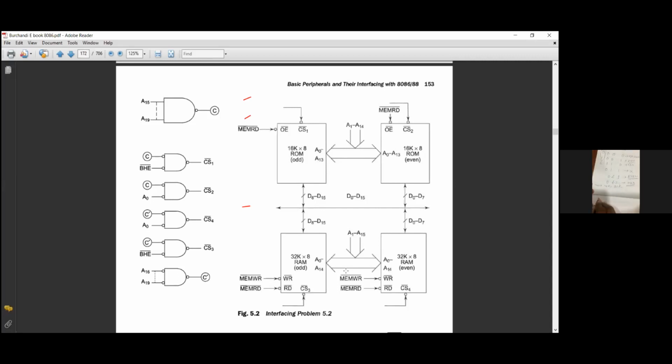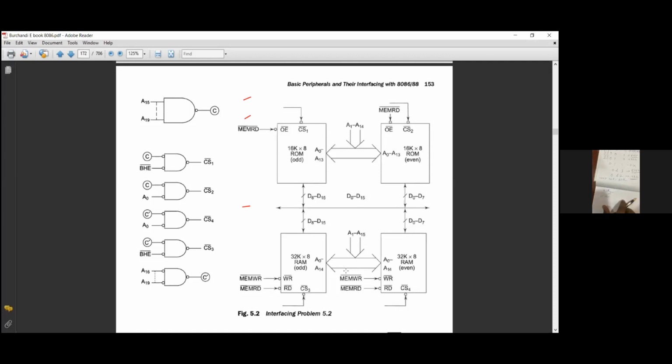So 32K means 2 to the power what? 15. 32K, 32 into 1K is equal to 2 to the power 5 into 2 to the power 10, equal to 2 to the power 15. Is it clear? Yes, sir. So 2 to the power 15.